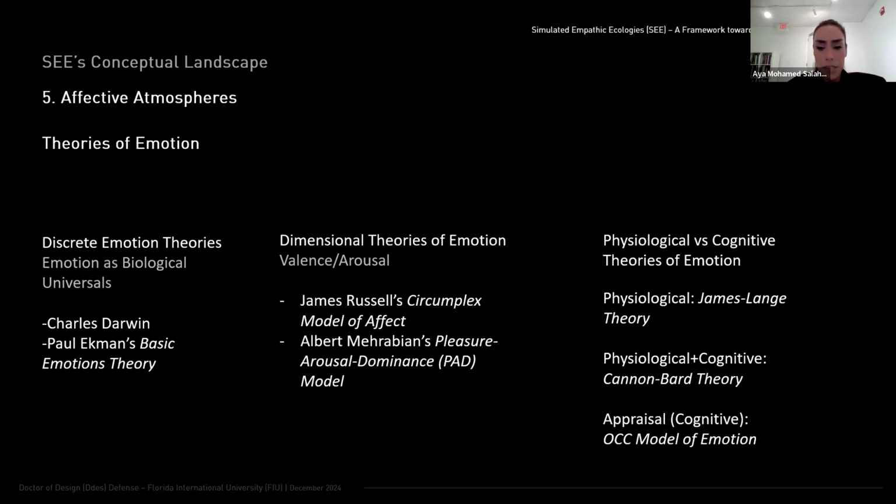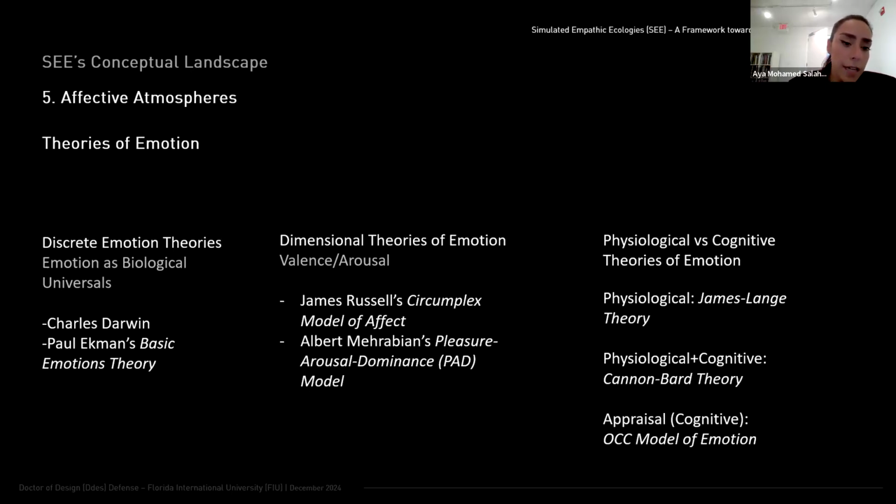So in many ways, I dug deeper into these different kinds of theories of emotion, from the discrete emotion theories, which look at emotions as biological universals. We have Charles Darwin and Paul Ekman's basic emotion theory, which lays out a very discrete set of emotions that are universally common between everyone.